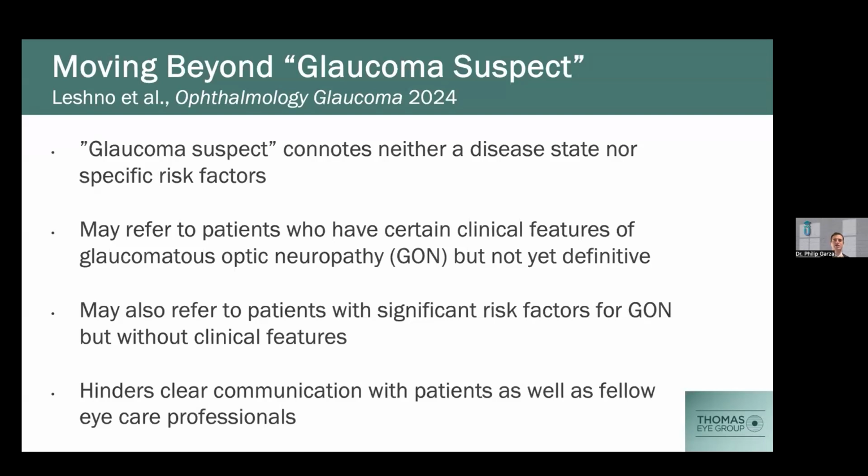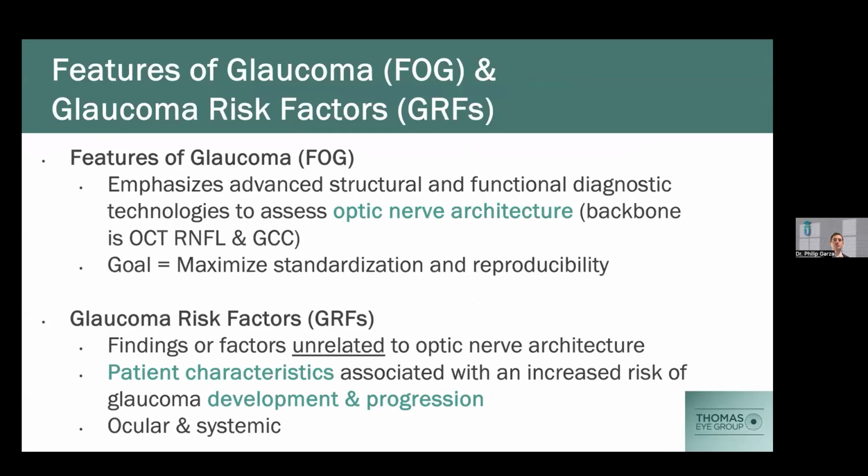It hinders clear communication with patients as well as the other doctors we're working with about what we really think is going on with the patient. And so I thought this was a great idea that came out last summer in Ophthalmology Glaucoma. It really splits the terminology into, well, what features of glaucoma do you think the patient has? That's one axis.